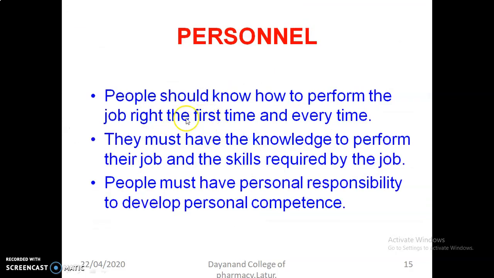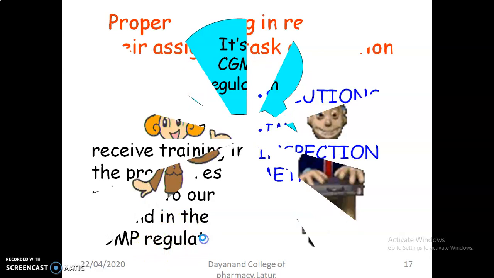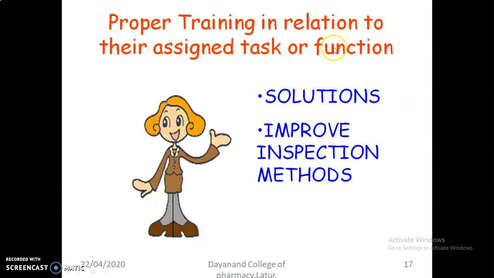So about the personnel, people should know how to perform the job right the first time and every time. They must have the knowledge to perform their job and the skills required by the job. They must take personal responsibility to develop personal competence, so that all of us receive training in the procedures relating to our job and in the CGMP regulations. So training is a very important part.